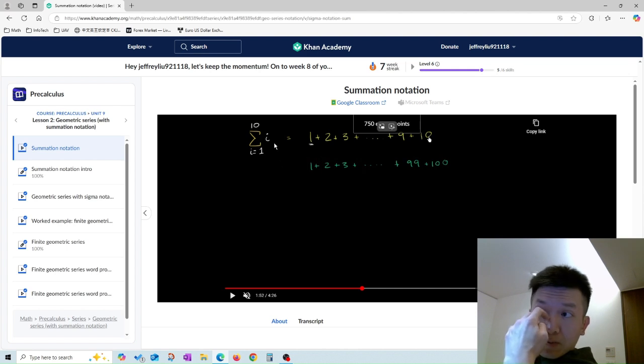Right above the sigma is the number you end up with, that's your n, and underneath it is where you start, your a1. Beside it is your function.